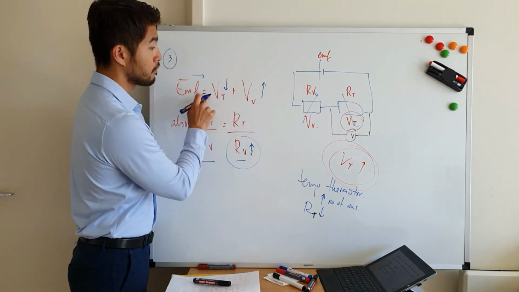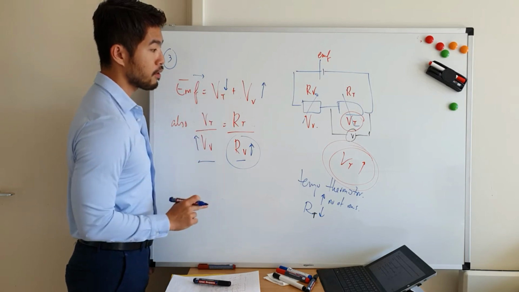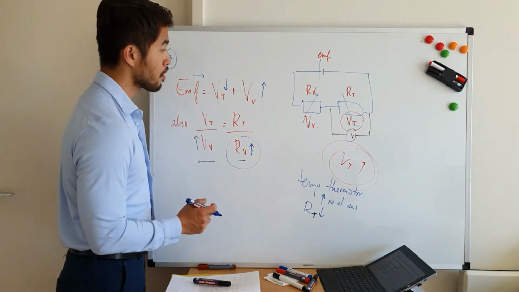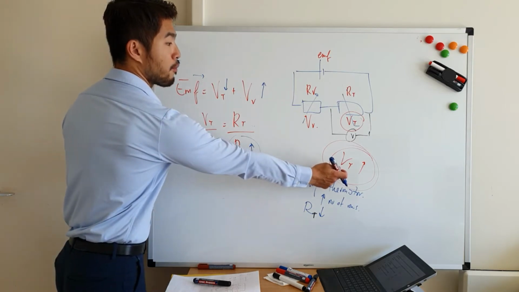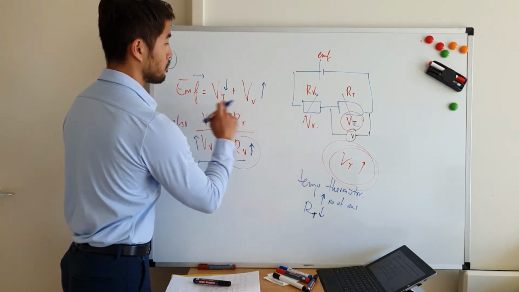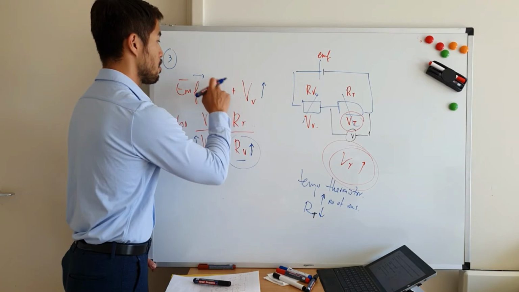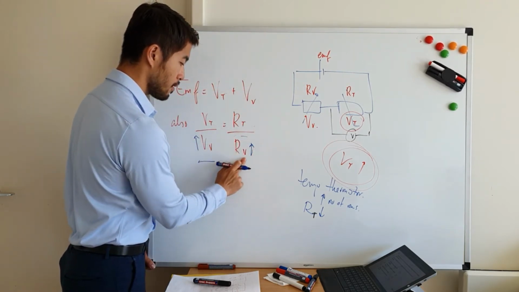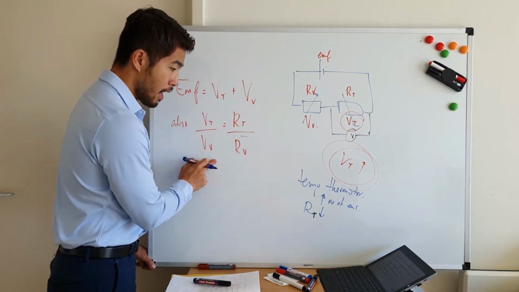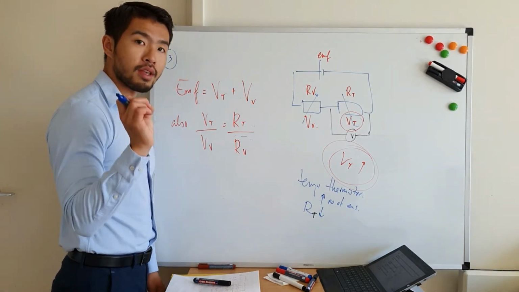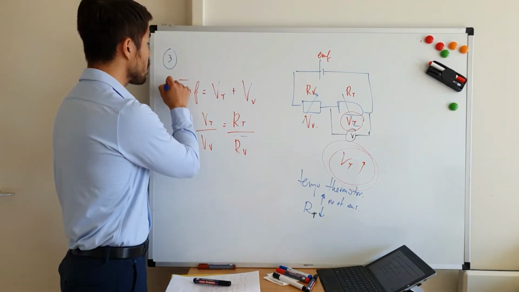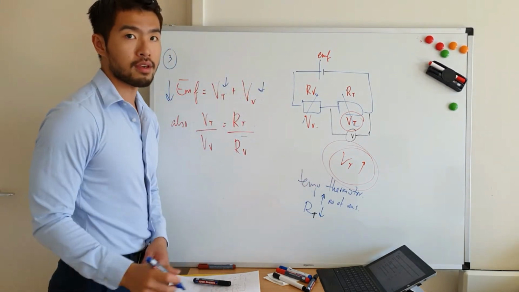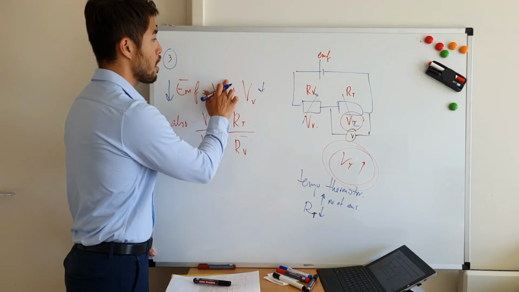So the voltage received by the thermistor is going to decrease. This is not what we want, so B is also not okay. Let me write this out. And C, reducing the EMF of the battery. Reducing the EMF of the battery will decrease both of these. Also not this. So that is not okay as well.